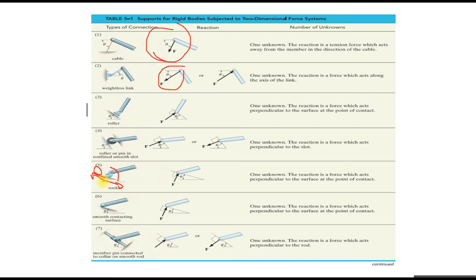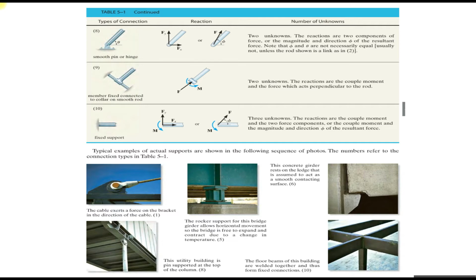Although you might think we can lift it, by definition we don't want the structure to be lifted; we just want it at the point of contact. That's why the reaction force acts in only one direction at the point of contact. So if the support inhibits movement, either in motion or directionally, then a reaction force exists. You can remember that.